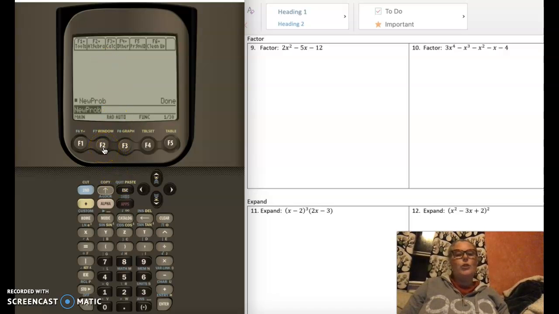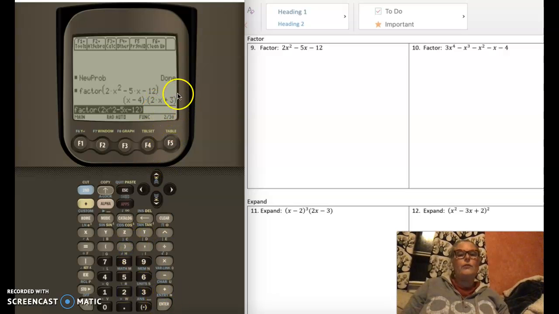The factoring, by the way, this is something that you wish you had in Algebra 2, but look, all you do is go into, it's an algebra feature, you go into factor, choice number 2, like that. And you just type it in as is, 2x raised to the second minus 5x minus 12, and enter.